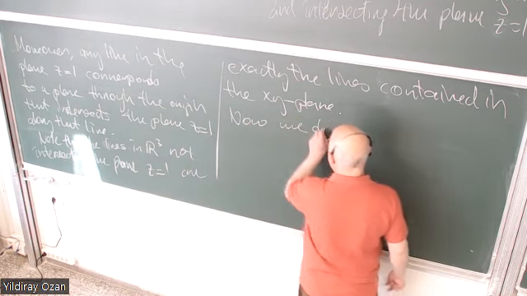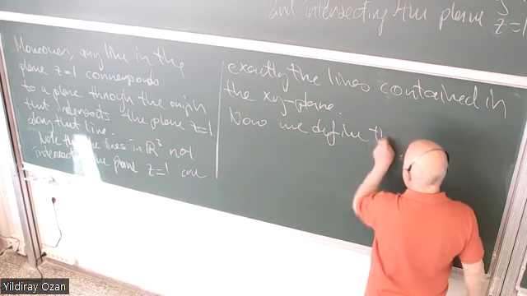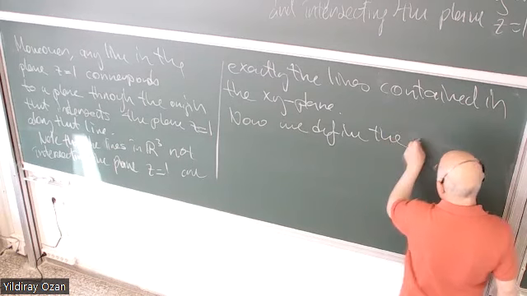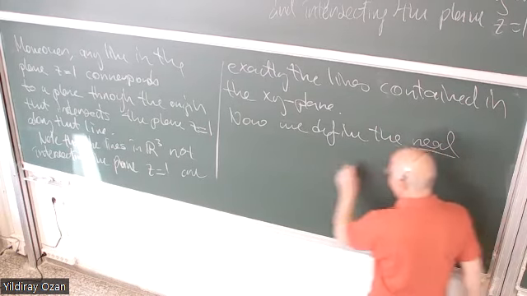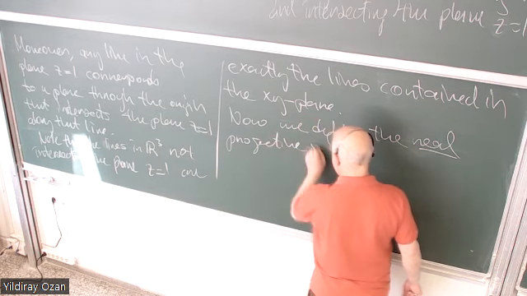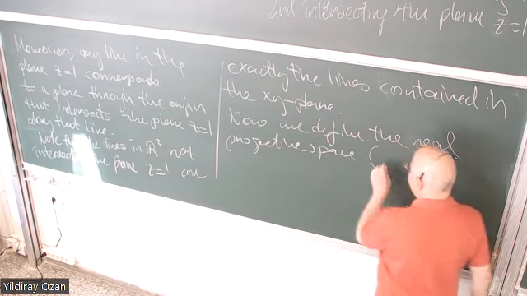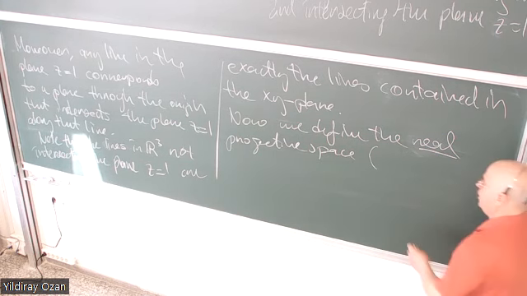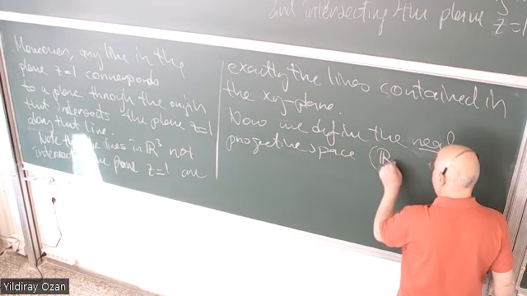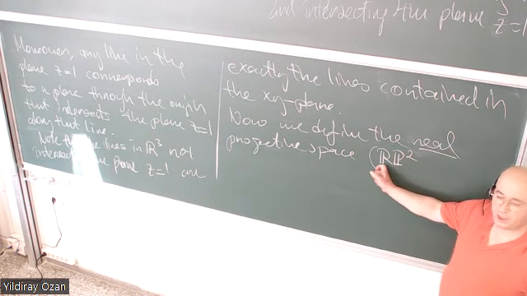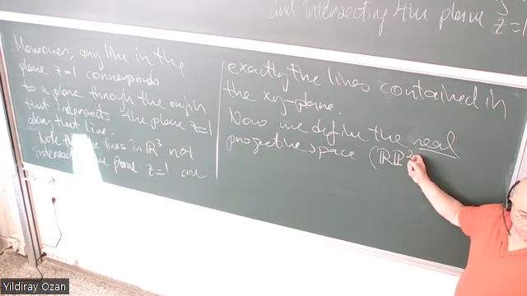Now, we define the projective space. We should say real projective space, for which we use several notations. Sometimes people use this one. I usually denote it like this: real projective plane.